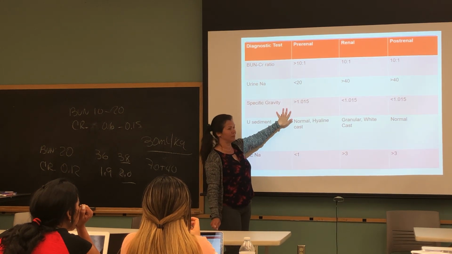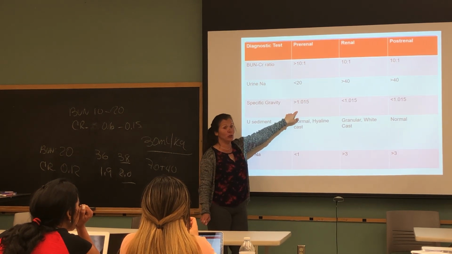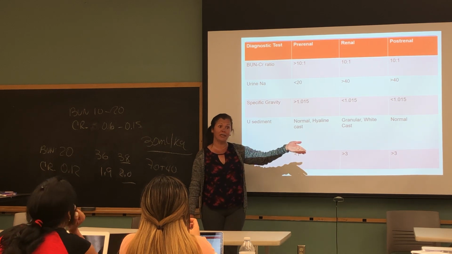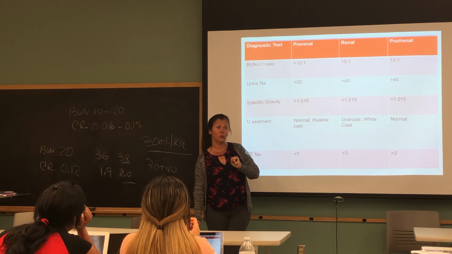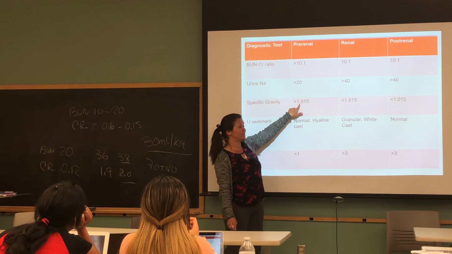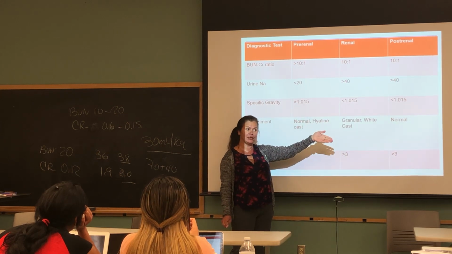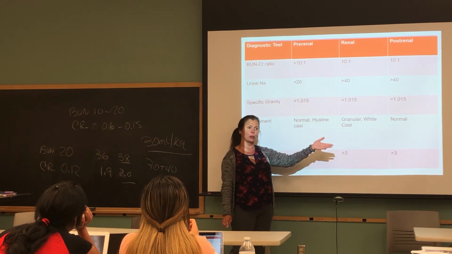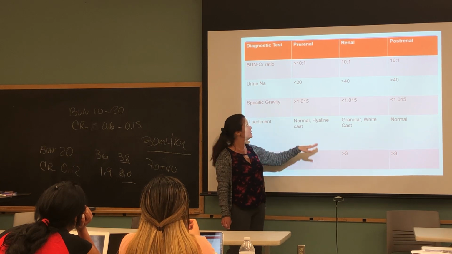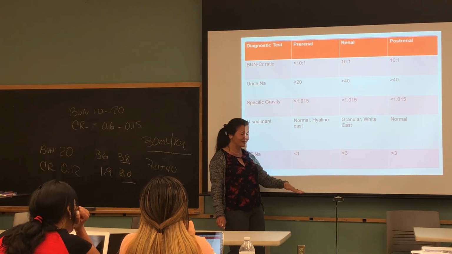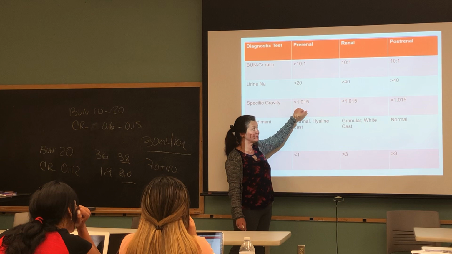Specific gravity. In the urine, if you are dehydrated, will your urine be concentrated? So your specific gravity, which again is very similar to osmolarity, is the ratio proportion of volume and solutes. It will be high.